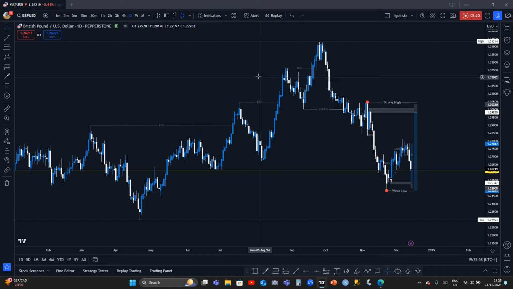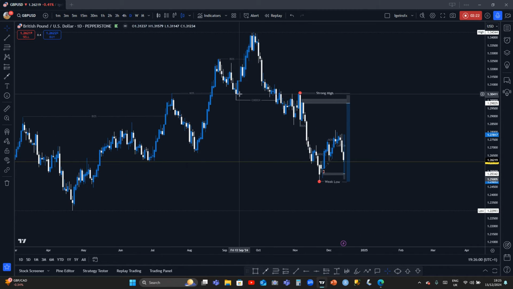Like I said before, anytime the last support level is violated, it simply means a change of character, meaning that the trend has changed.